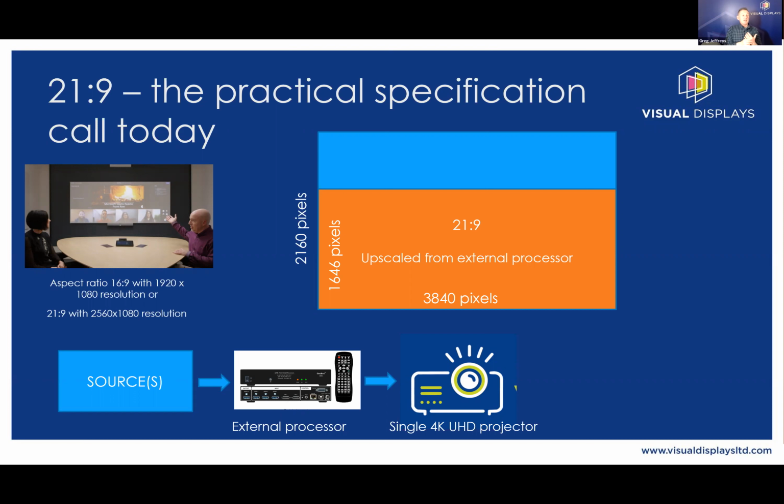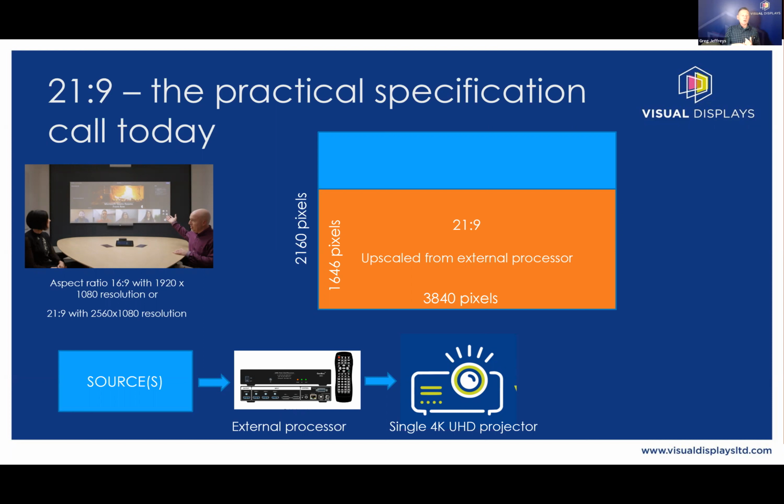You can either put in a colored band above, or just leave it blank when it's running. You can position the 21:9 image within that overall window. You've got some vertical movement.